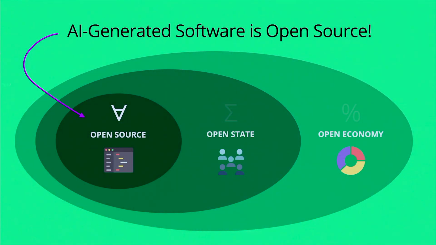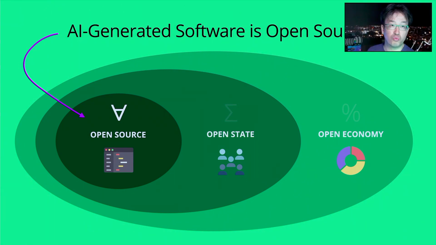Really, really exciting. Now, what's cool about this is that all the AI-generated software for all these Boxels in the catalog is basically open source. There is no such thing as an AI owning copyright. The Copyright Office in the US, I don't know about other countries, has made it very clear that they think software generated by AI is not owned by the AI, but is owned by the human creator that uses the AI.